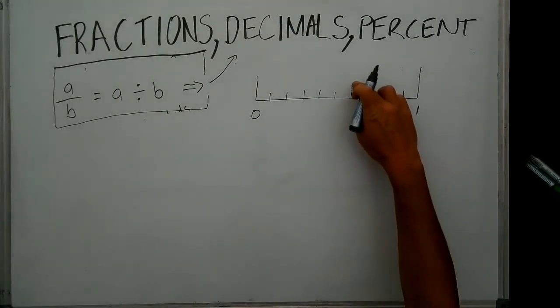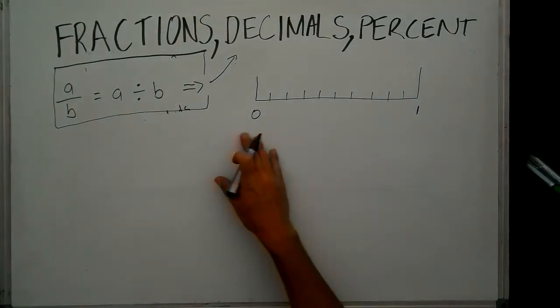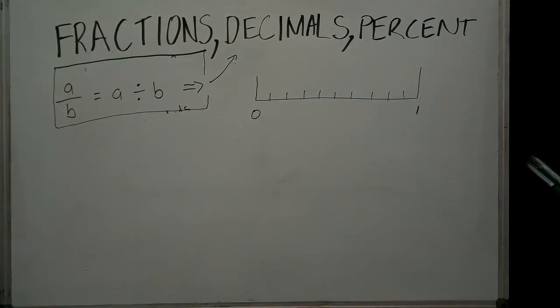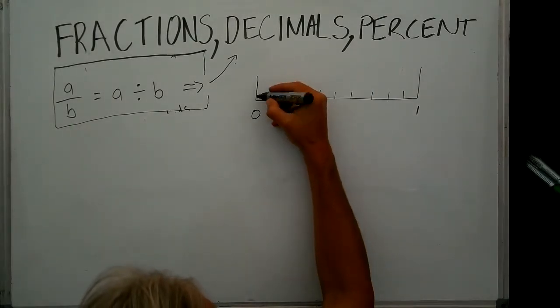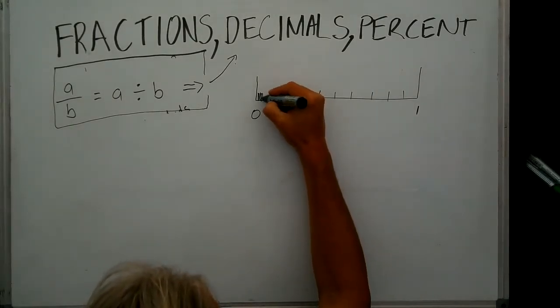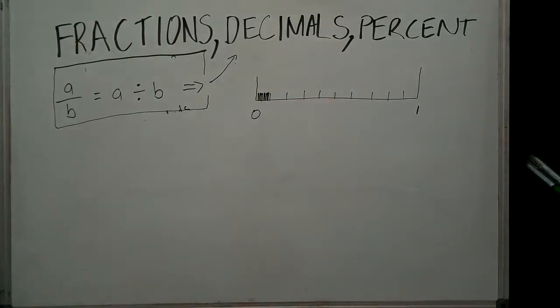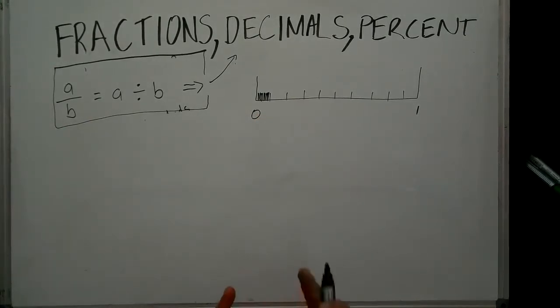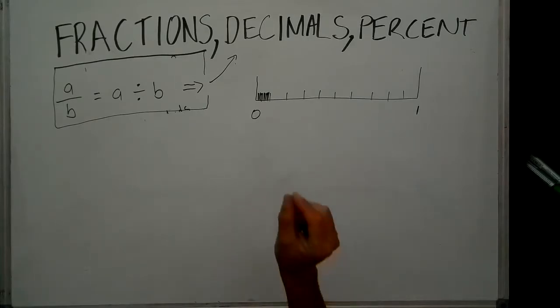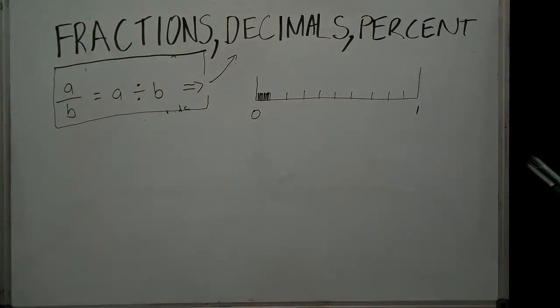They're not exactly perfect, but we're chopping that interval into 10 bits. And that's our first decimal place. Our second decimal place is chopping one of these into 10 bits. And then the third decimal place is chopping one of those tiny things into 10 bits. So as we go down the decimal places, we're just adding tiny, tiny, tiny bits.